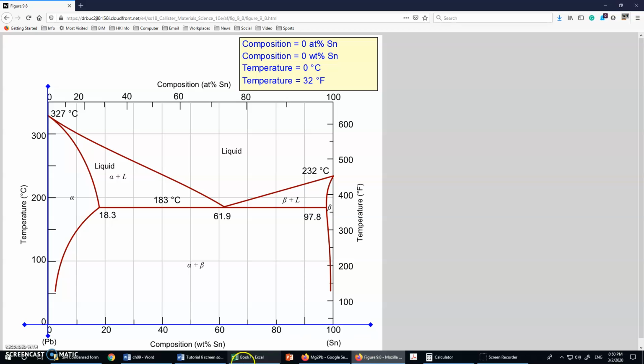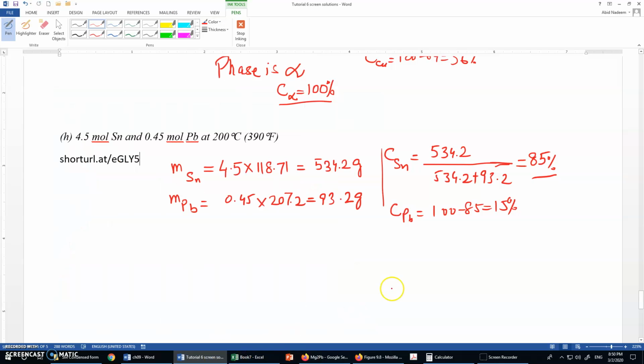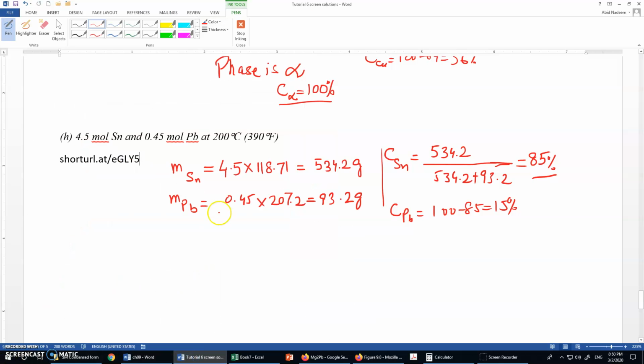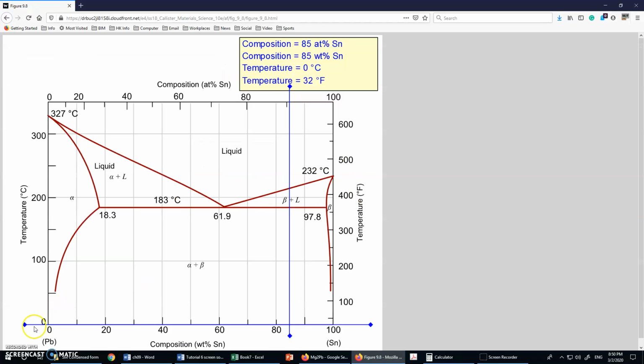This is the lead tin chart. Tin is 85%, 85% here. And temperature is 200 degrees centigrade, 200 degrees centigrade here.